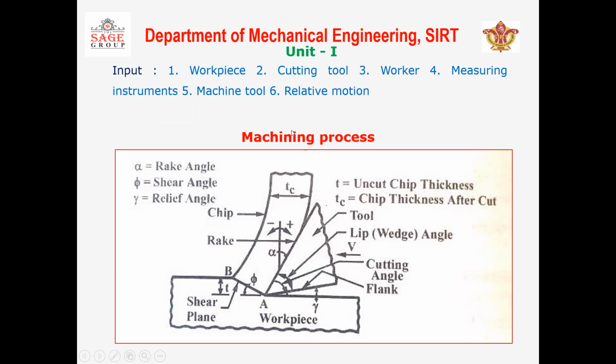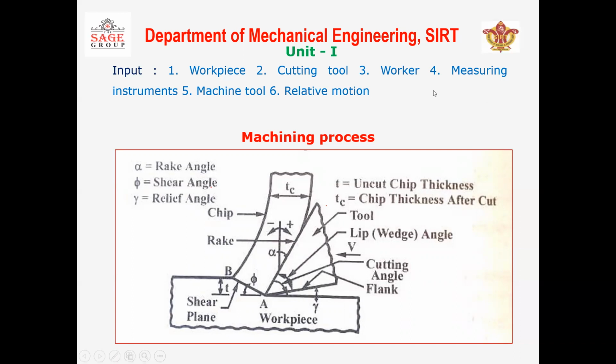Right? Now you have observed that in the machining process, what inputs we have considered. So in the form of input, we have taken a workpiece or preform or blank on which we have to apply some machining process. Second, we have selected a cutting tool with respect to the material of the workpiece.